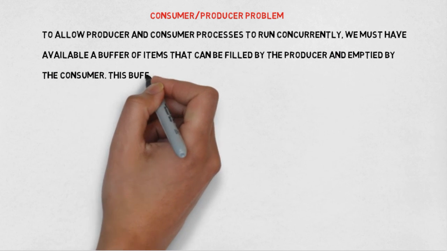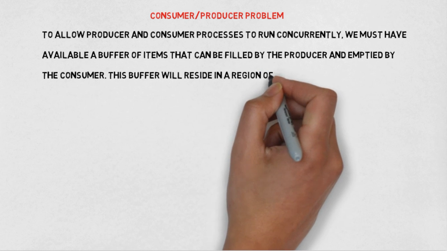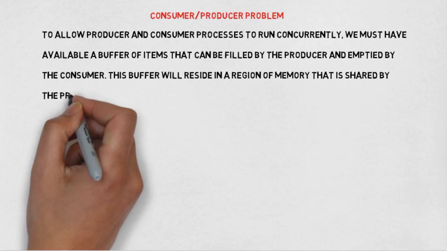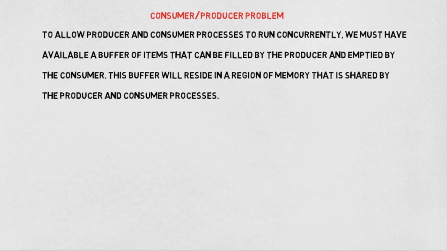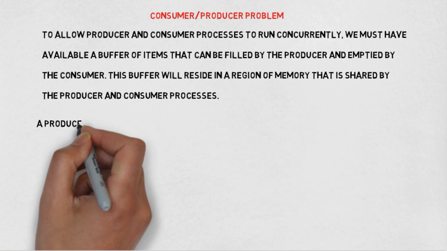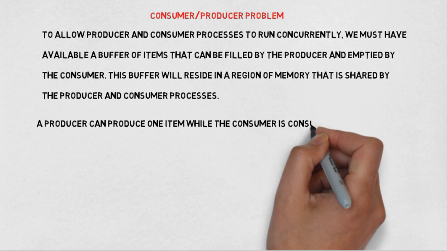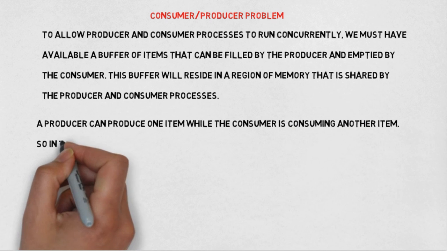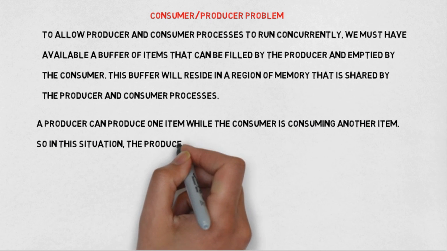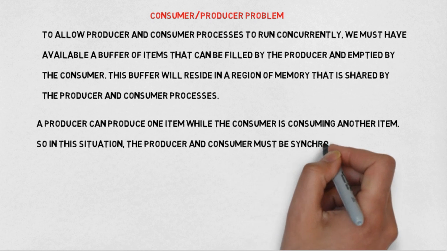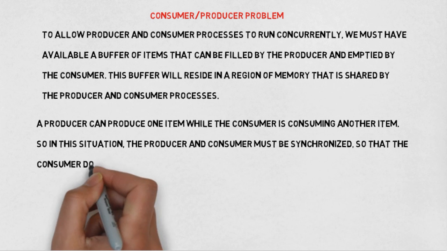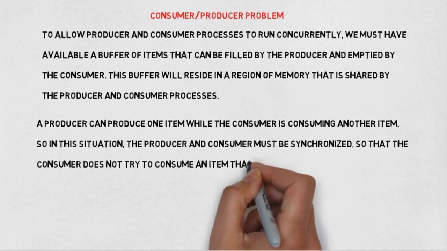This buffer will reside in a region of memory that is shared by both the producer and the consumer process. A producer can produce one item while the consumer is consuming another item. In this situation, the producer and consumer must be synchronized so that the consumer does not try to consume an item that has not yet been produced.